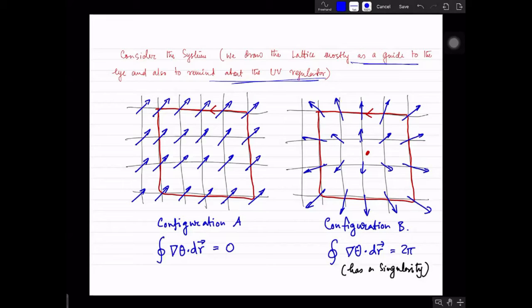I draw a square lattice, in D equal to 2, and then we draw two configurations. These spins lie on the same plane. It is a two-component spin. There is a configuration A, and then there is a configuration B. This red loop is a directed loop in the base manifold. So that's the configuration A, and I have drawn a configuration B.